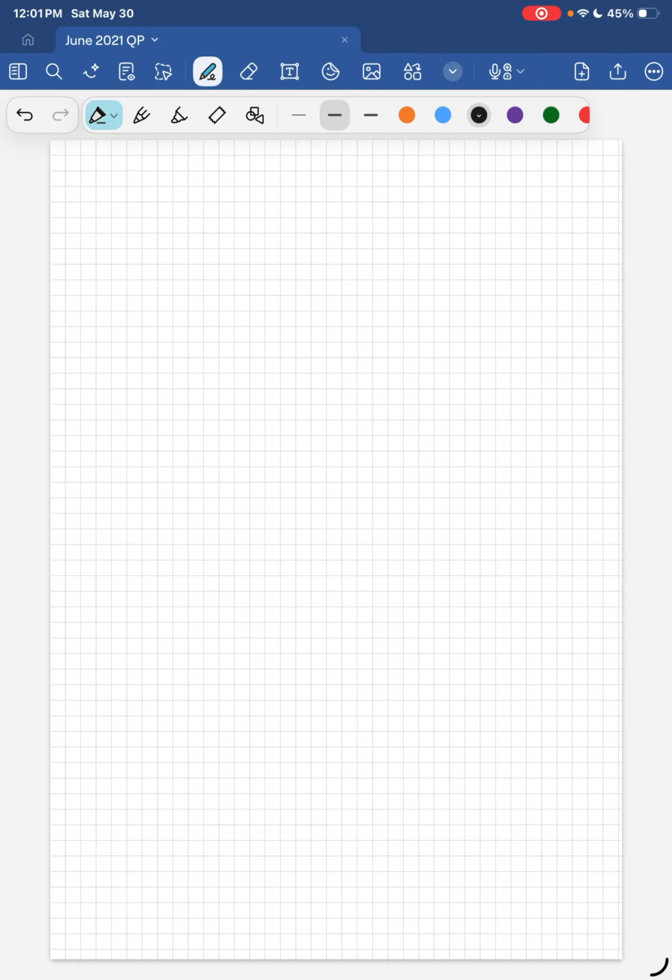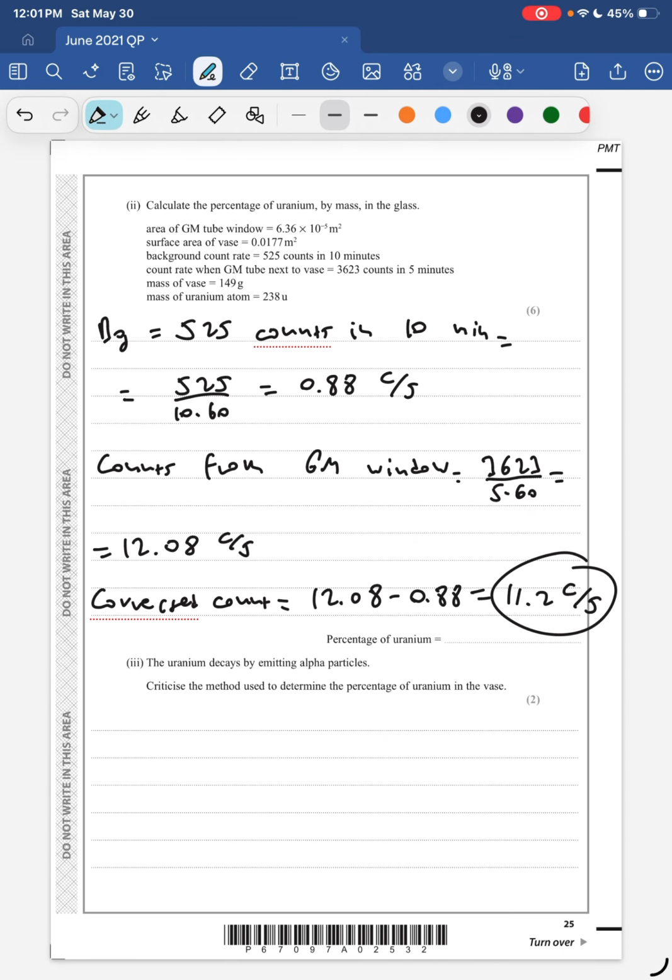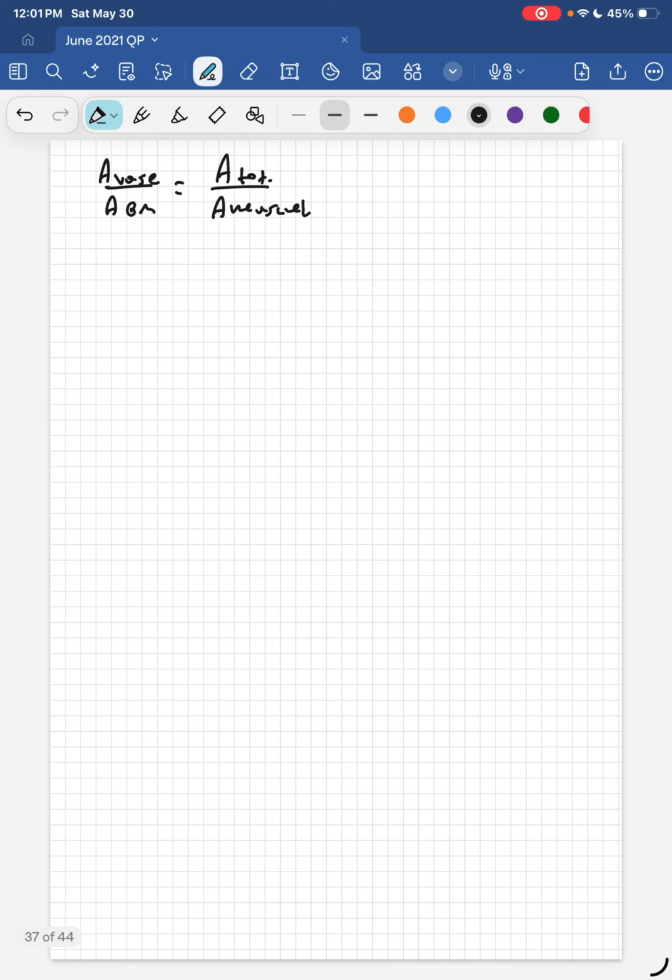Now, next comes the percentage. So the area of the vase over the area of the GM window is going to be equal to the total activity, A total, over the A measured. And the A measured is 11.2 counts per second, which we just calculated.